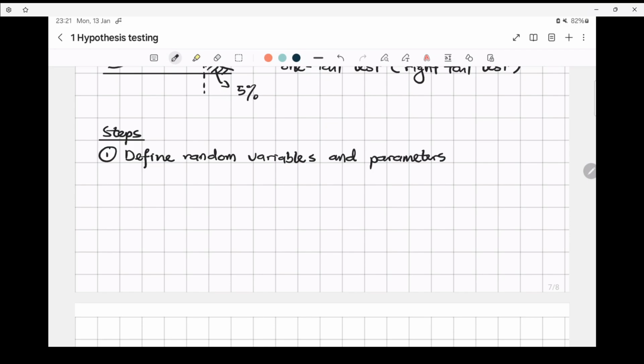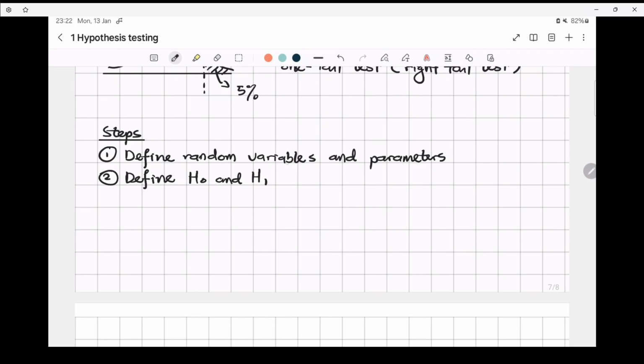If you are doing a binomial distribution, the parameters will be n and p. If you are doing a normal distribution, it will be the mean and the standard deviation. Second, define your H0 and H1, your null hypothesis and alternative hypothesis.